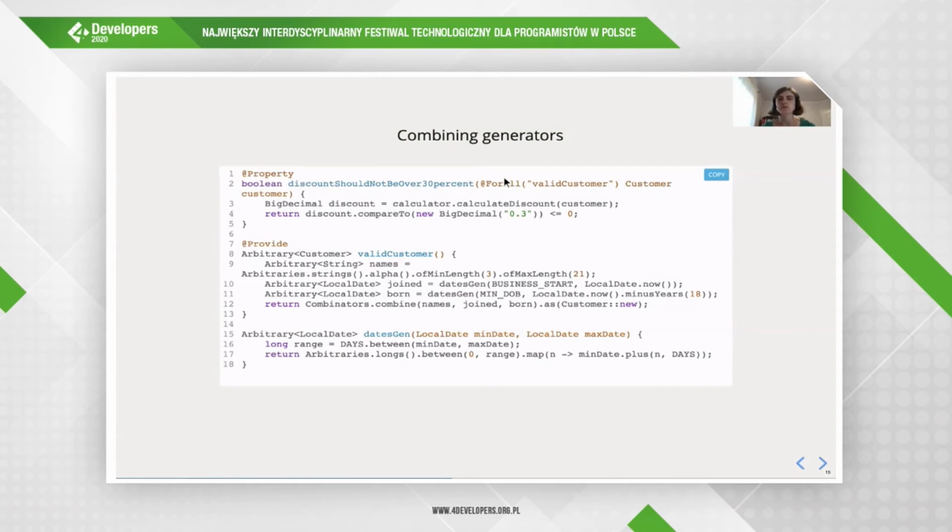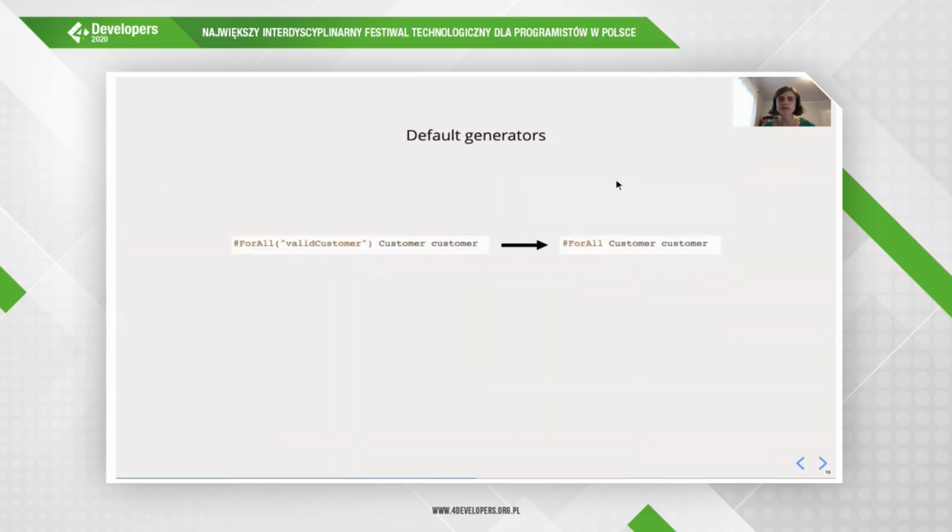And if you don't want to specify the method every time, there is some mechanism in jQuick which you have to just implement some interface to tell jQuick that anytime you find this customer type, use this specific generator which I defined to you in this case class.